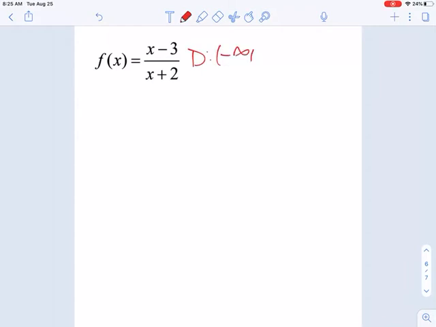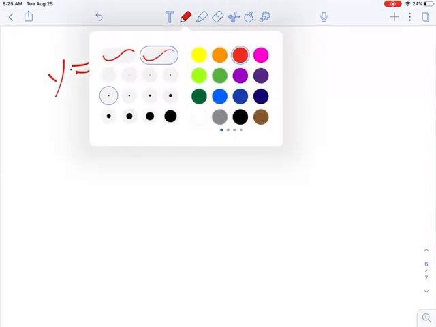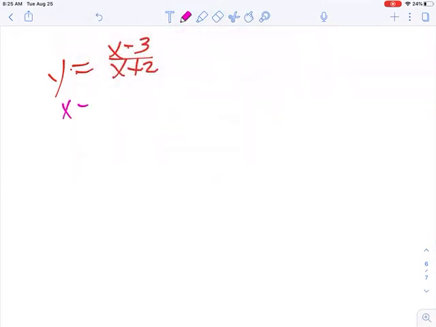All right. First of all, let's talk about the domain of this function. We do not want to divide by 0, so we would have to exclude -2 from the domain. Okay. Now, we have y equals x minus 3 over x plus 2.